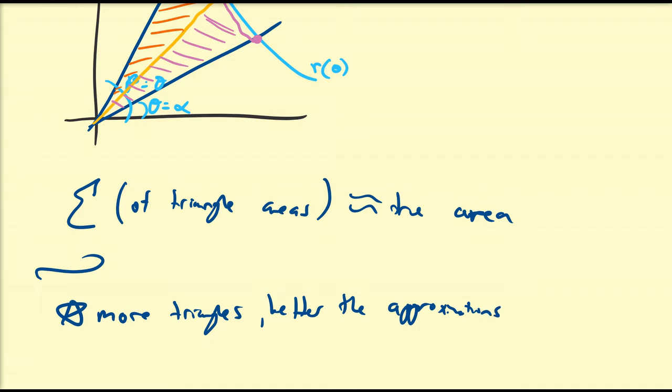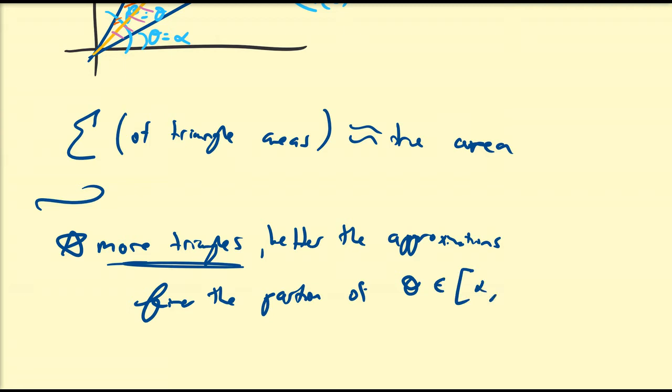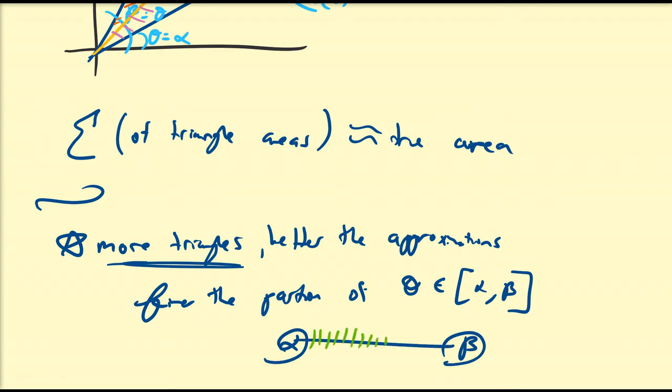The more shapes we have, the better the approximation, and the more triangles we have, the finer the partition of the interval alpha beta. So we take this interval and chop it up into really small pieces.